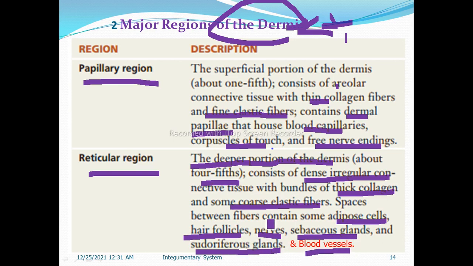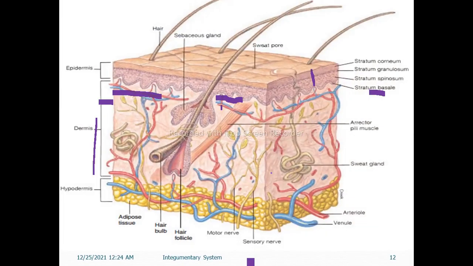So the reticular layer contains adipose cells, hair follicles, nerves, sebaceous glands, and blood vessels. This is a hair follicle, this is a nerve, these are arteries and blood vessels, this is a sebaceous gland, and this is a sweat gland or exocrine gland.